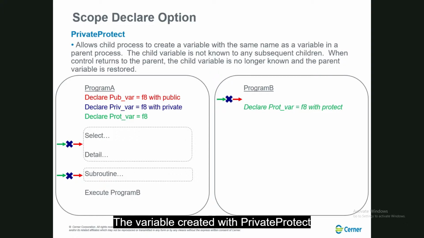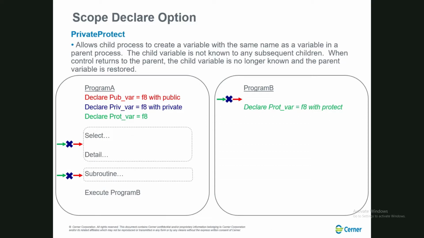The variable created with private protect is not known to any subsequent children, like the private scope. When control returns to the parent process, the variable created in the child process is no longer known and the parent variable is restored. This scope combines the private and the protect scoping options. This greatly limits what processes can see this variable.